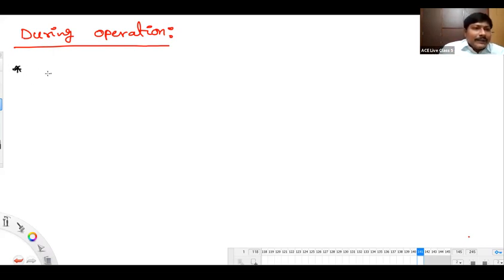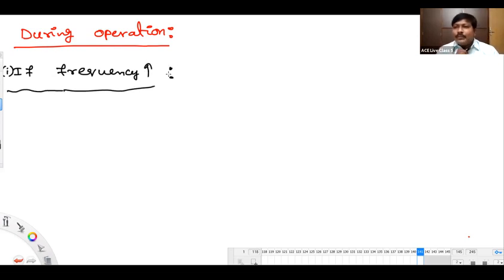But still, as a study or for the examination purpose, if I say frequency of operation was increased, what will happen? Frequency of operation was increased. I'll keep this as a heading. That may be better. Okay. If frequency of operation increases, number one, what will happen to the value of resistance?